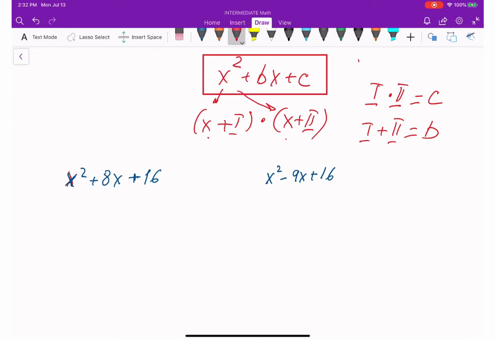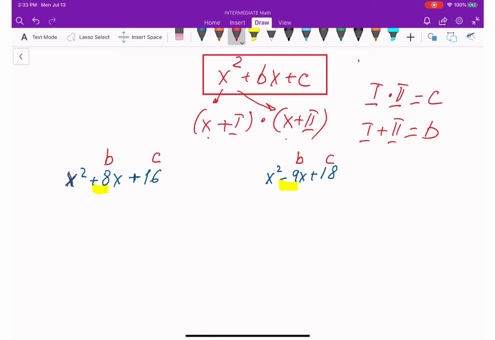So 16 is going to be my c here, and 18 is going to be our c here. Negative 9 is going to be my b here, and positive 8 is going to be my b in the other case. Why am I doing it in parallel?